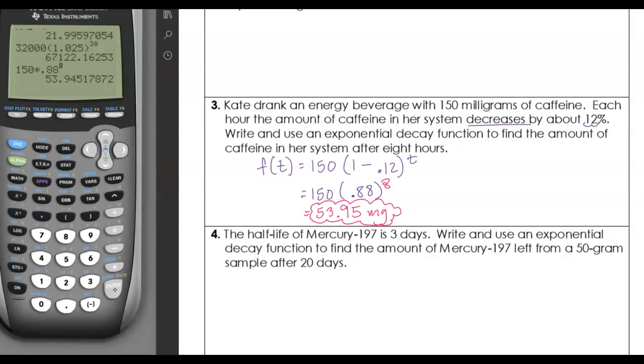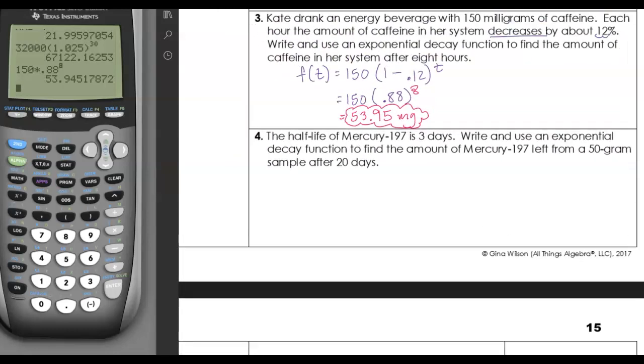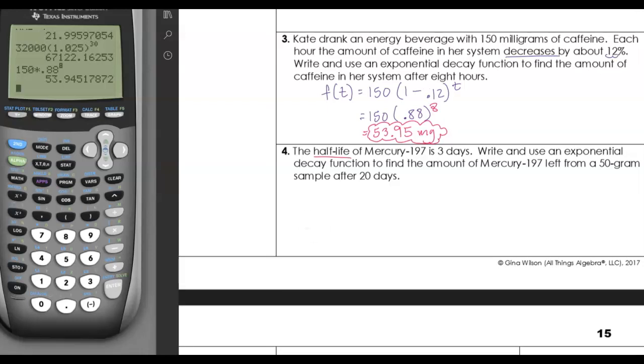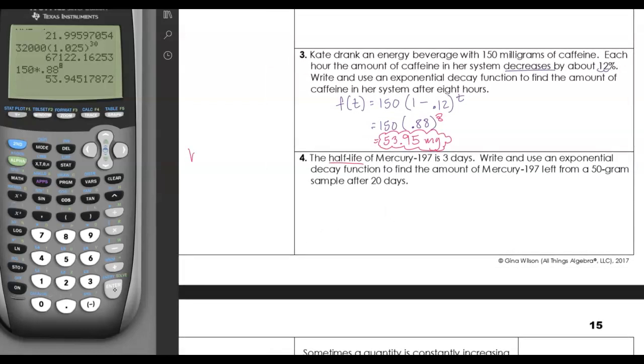Okay, so now one more decay, but this is a special decay function because it says the words half-life. Anytime your problem is referring to a half-life, you're going to use a special decay function.